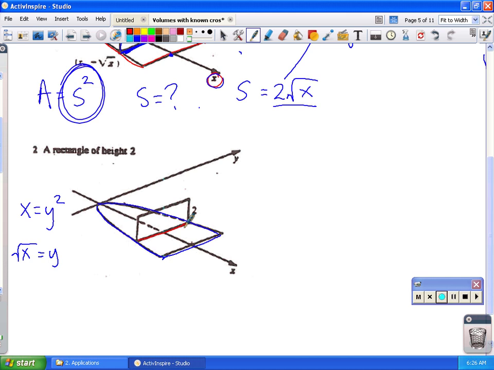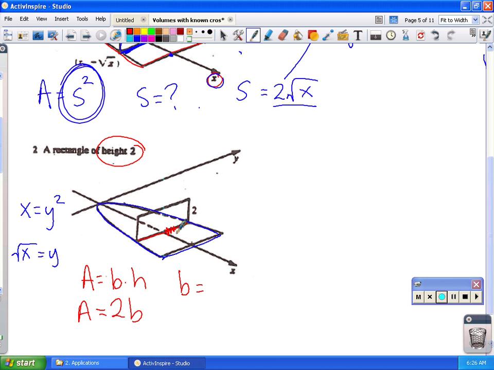All right, so here we go. We have a rectangle. Step number 1, what's the area of a rectangle? Well, the area of a rectangle is base times height. They're telling us that the height is 2 all the time, so I can go ahead and substitute that in place of h. So the area of these rectangles will be 2 times the base. Well, the implication there is that I need to know the length of the base in terms of this function.